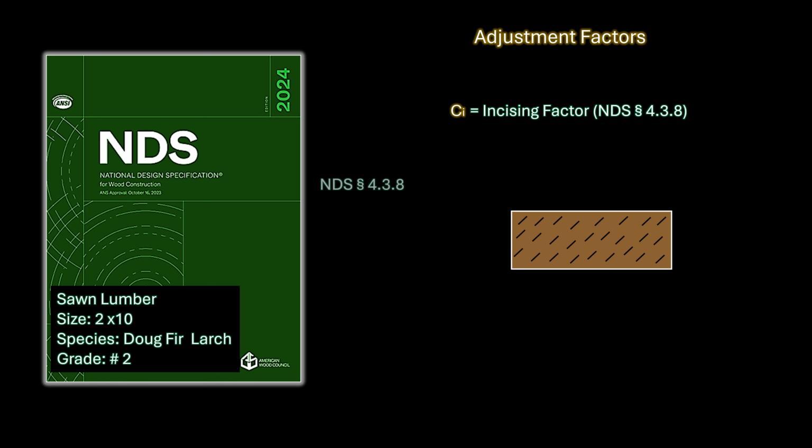The NDS in Section 4.3.8 requires the incising factors provided in this section to be used where dimension lumber is incised parallel to grain to a maximum depth of 0.4 inches, a maximum length of 3/8 inch and density of incision of up to 1,100 per square foot. Therefore, this factor is only applicable to lumber that is incised. Since we are not using preservative-treated joists, we will either ignore this factor or use an incising factor of 1.0.